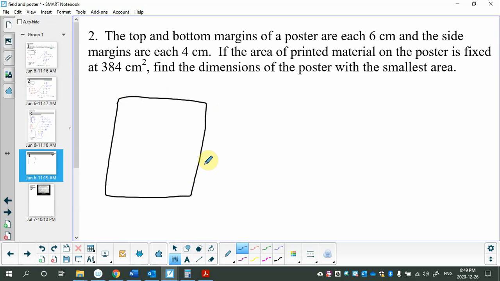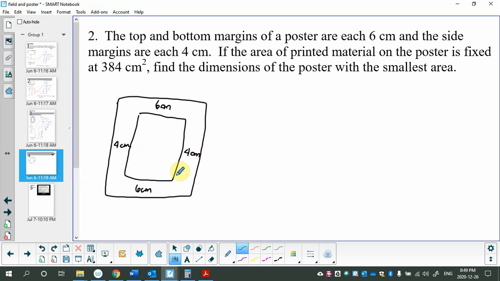So it says the top and bottom margins of a poster are each 6 centimeters and the side margins are each 4. So I'm not going to go to any great lengths to make this to scale, but I will say the top and bottom are 6 centimeters and the side margins are 4 centimeters each.